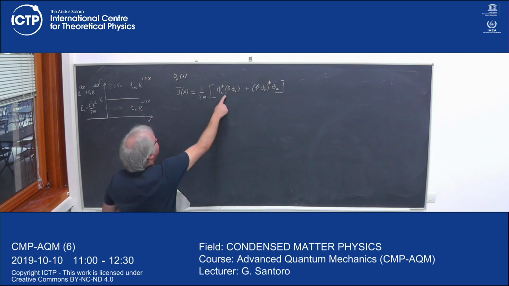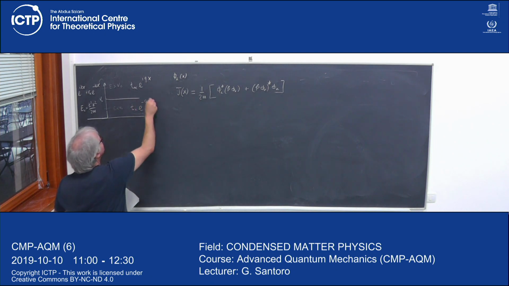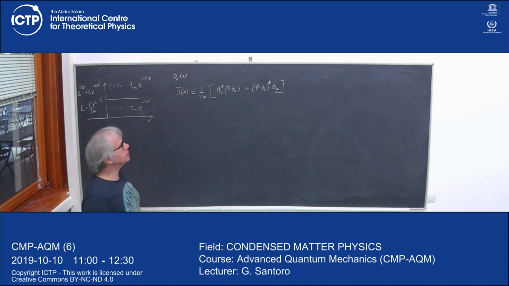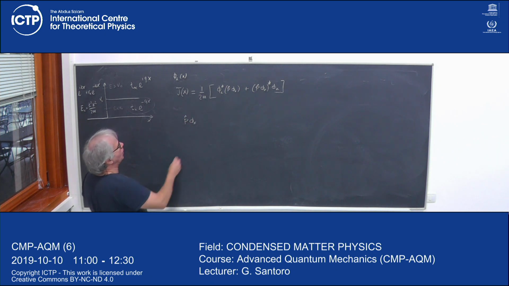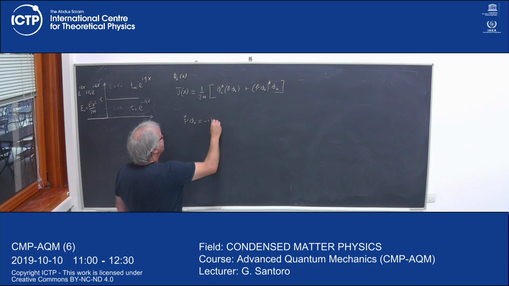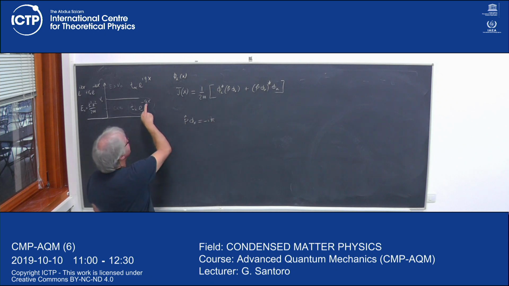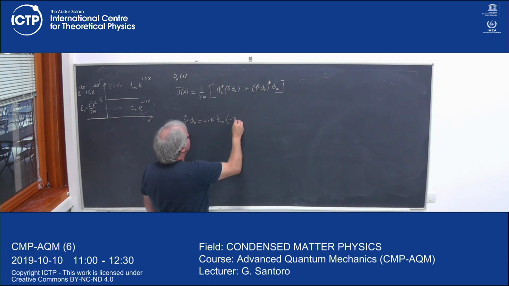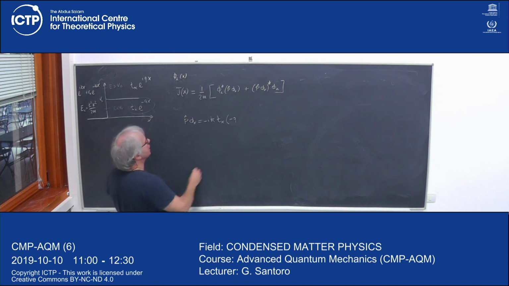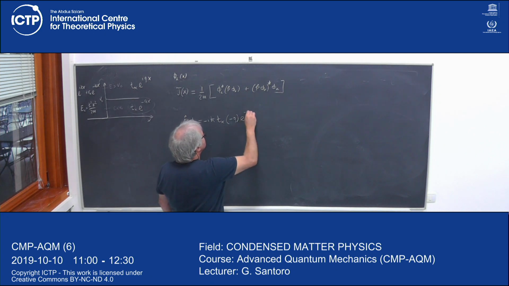Now, what is P of phi_k? Let's start with this. Well, it is equal to minus i h bar, the derivative of this object. So the t_k you can take here, and then when you take the derivative, you bring down minus q, and then I have e to the minus qx.